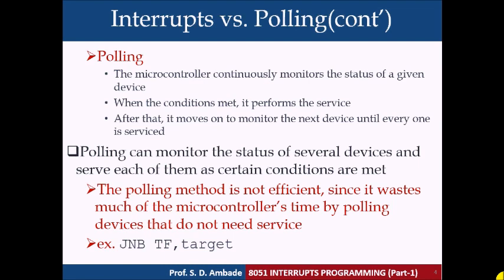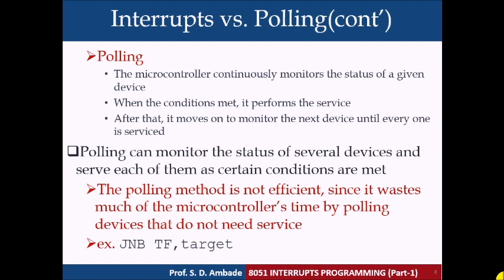After that, it moves on to monitor the next device. Polling can monitor the status of several devices and serve each of them as certain conditions are met. The polling method is not efficient since it wastes much of the microcontroller's time by polling devices that do not need service.